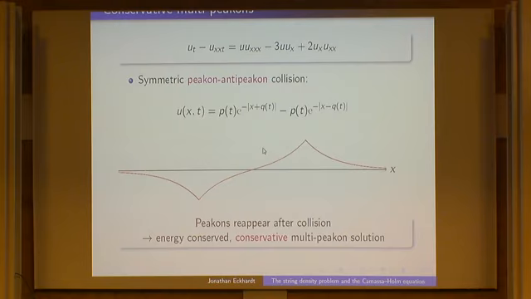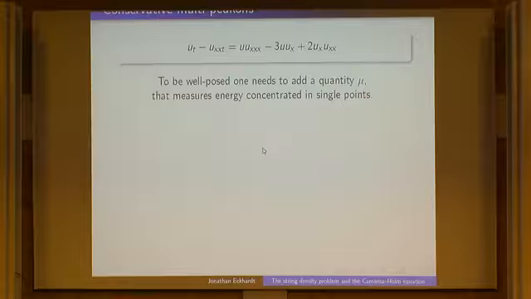But of course, the energy is not conserved in this one time when the solution disappears completely. So if you want the proper notion of solutions for this kind of solutions, then you have to introduce an additional quantity which somehow takes account of this energy that is concentrated in one point. So what one does is one introduces an additional quantity mu that measures this energy.